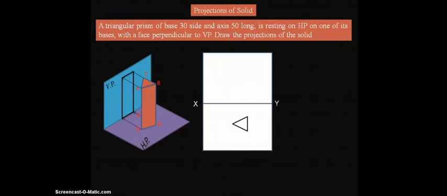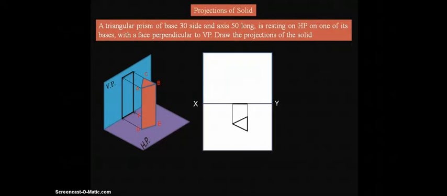That is below the XY reference line. Now draw the projection lines to the XY reference line. Join these intersecting points, and by that we'll get the base of the front view. In the front view we'll get a rectangle with a height equal to the axis of the prism. So the height is equal to 50 mm, that is the axis of the prism.